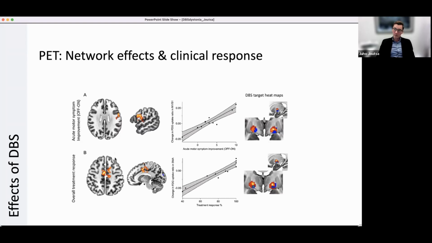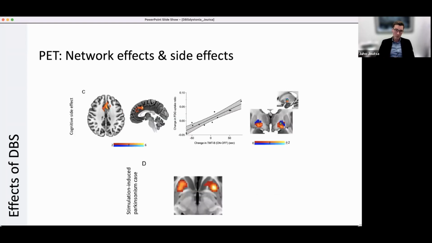When the activity from these clusters was projected back to the GPi to see which contacts were associated with highest activation in these areas, both of these heat maps indicated the same spot, suggesting that the location where you can get short-term response is also probably relevant for overall treatment response, at least in this small sample.